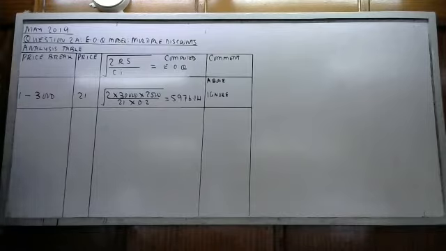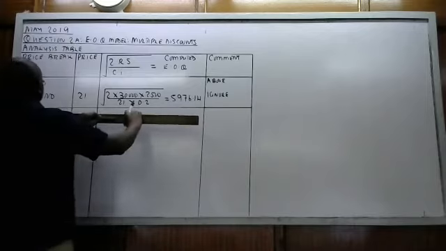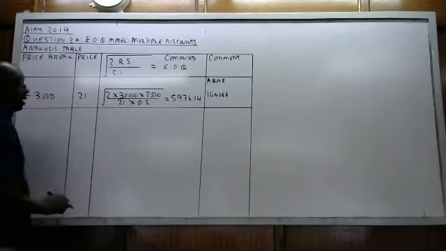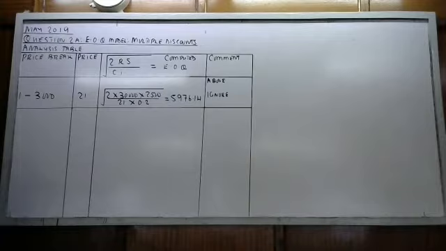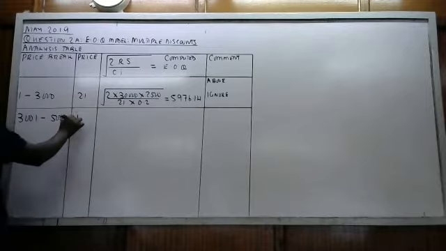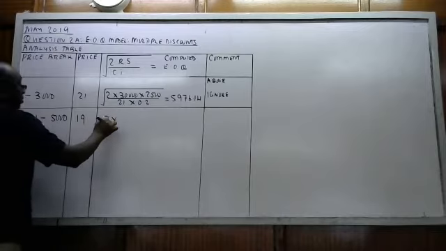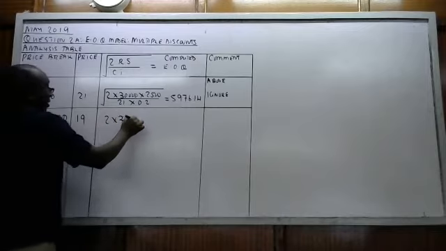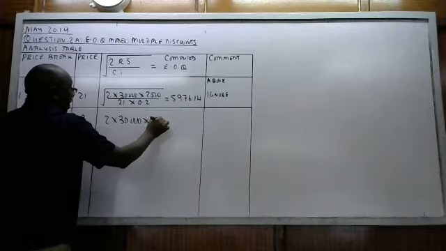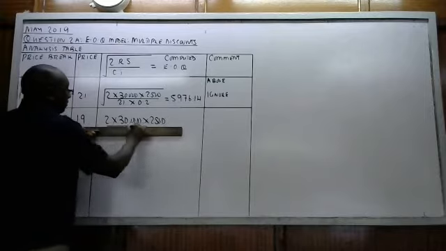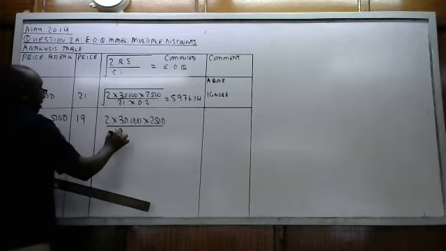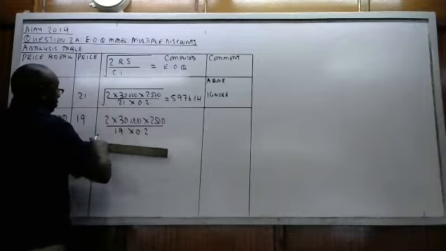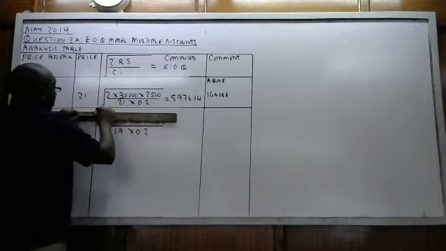Let us go to the next one, where the break is 3,001 to 5,000, and the price is 19. So this will be 2 times 30,000 times 2,500. You divide this by 19 times 0.2. Then you seek to get the square root.